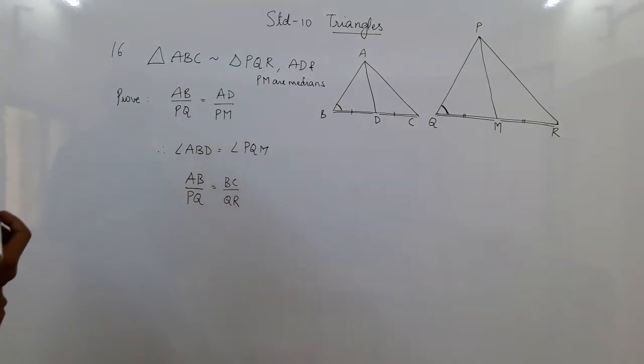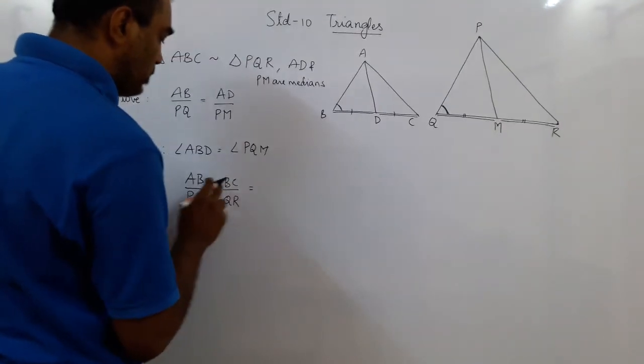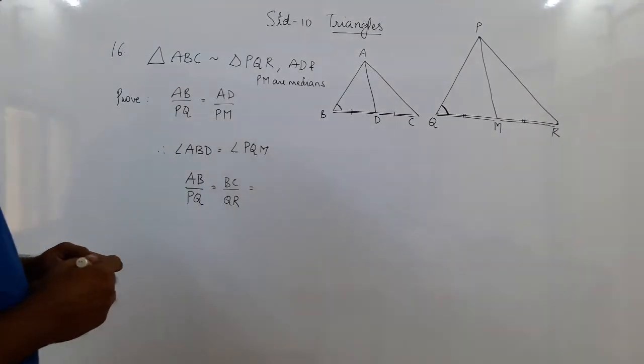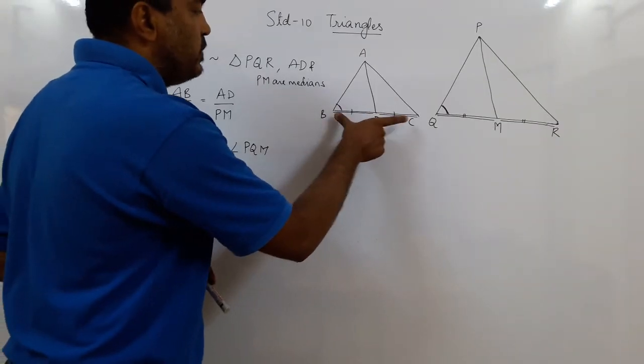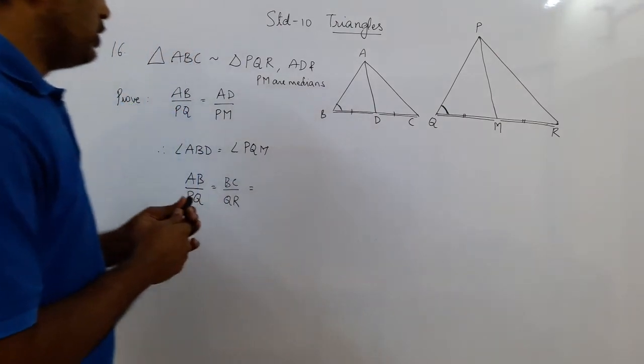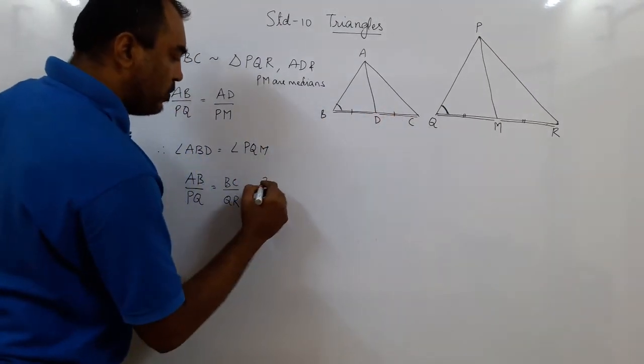Right? BC upon QR. Now, what is BC equal to? If you see, D is the median, so D divides BC into two equal parts. So I can say BC, the whole thing, is 2 times BD.